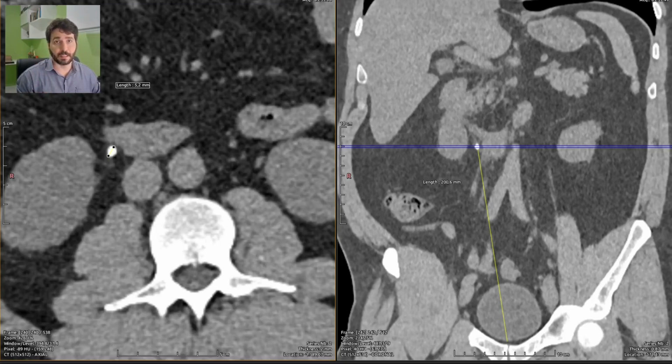We say cálculo, which is the fancy word for stone. From doctor to doctor, when speaking of kidney stones, we don't say pedras nos rins. We say cálculos renais, which are kidney stones or kidney calculi.